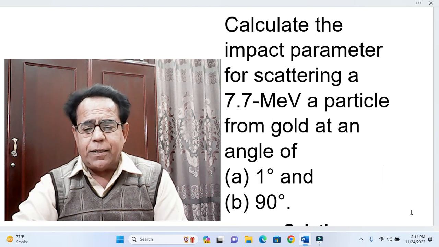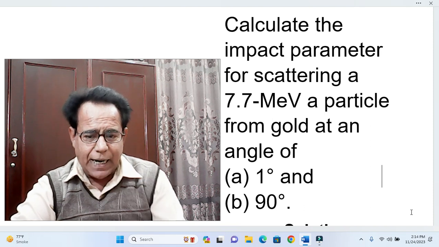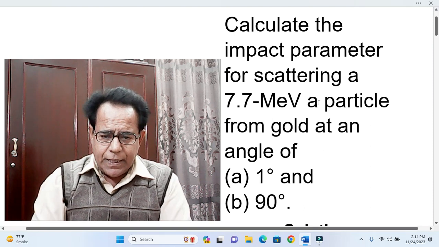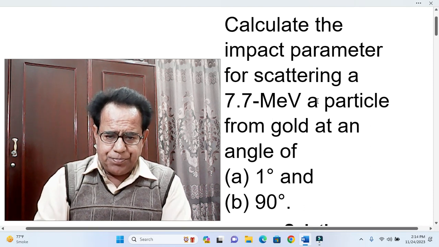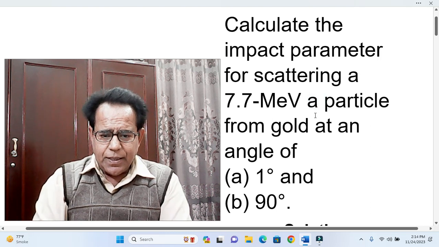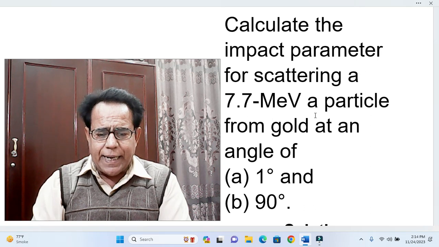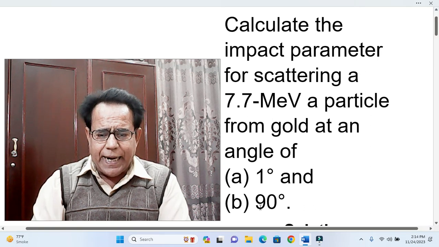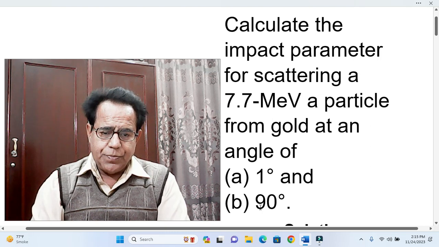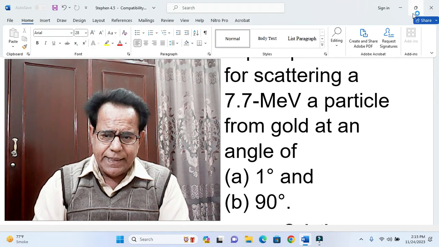Alpha particle. Okay, dear student, this is a mistake. This is not a particle, this is actually alpha. Alpha particle from gold at an angle of 1 degree and 90 degree.